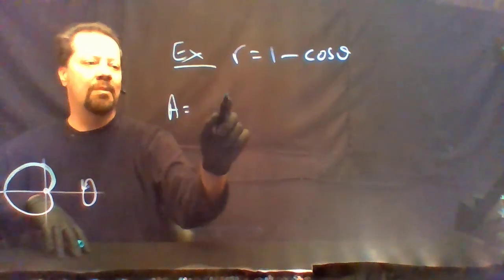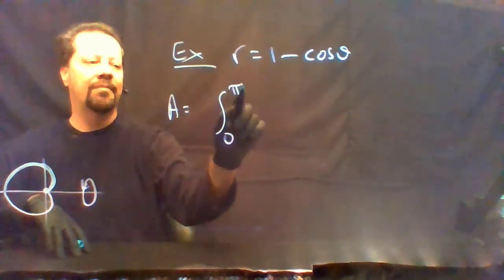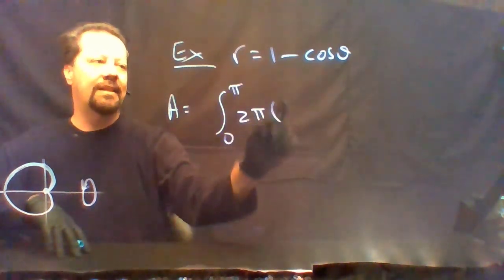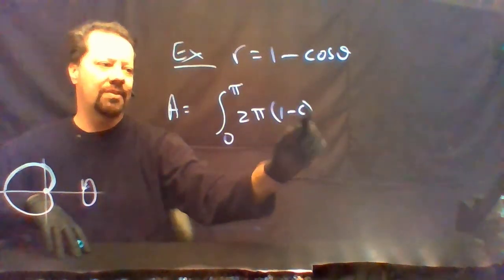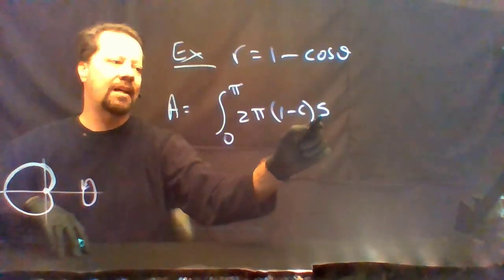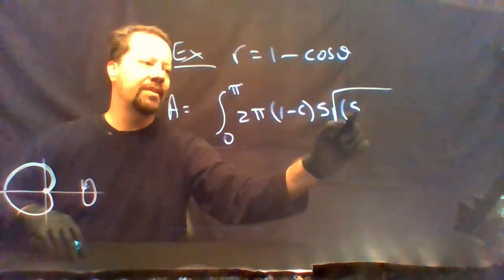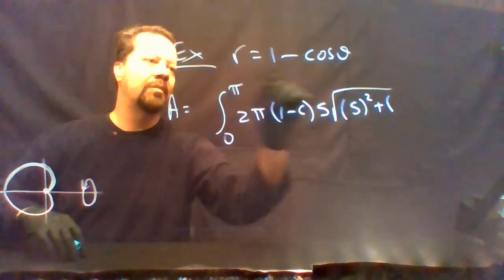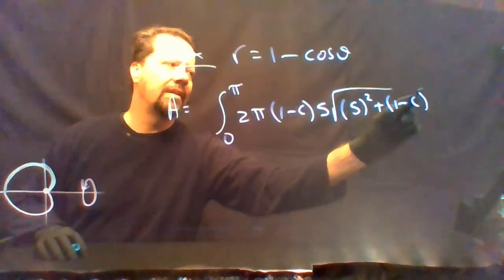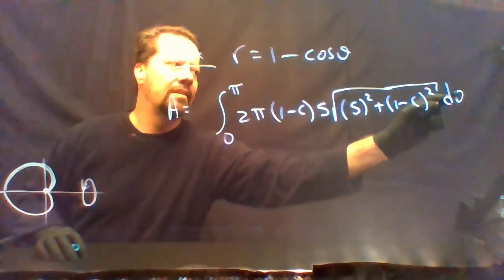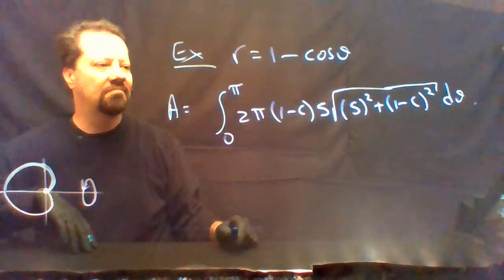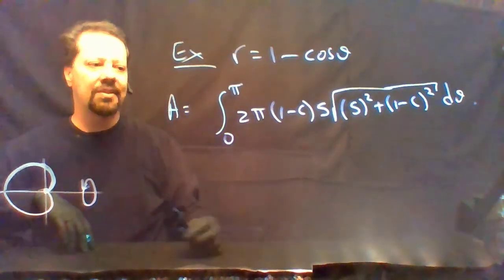So our surface area will be the integral from 0 to pi of 2 pi times my function 1 minus cosine times sine times the square root of r prime, which is sine squared, plus r, 1 minus cosine squared d theta. All we have to do is simplify this.